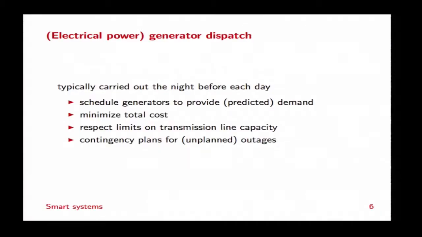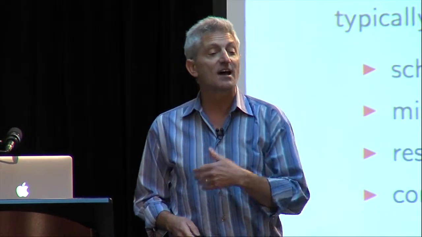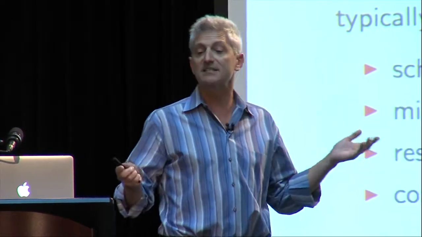In California, between midnight and 2 a.m., in a bunker in Folsom, a bunch of computers run and predict the demand for tomorrow. The second thing they do is schedule the generators. There are maybe 3,100 generators, and they tell each one, you're going to come on at this time, generate this amount, and at 2:15 you should adjust your power.